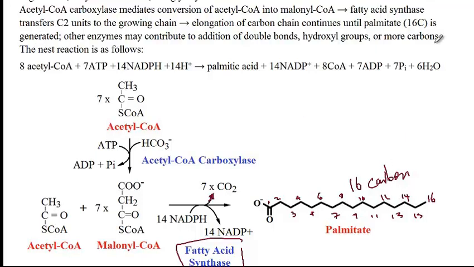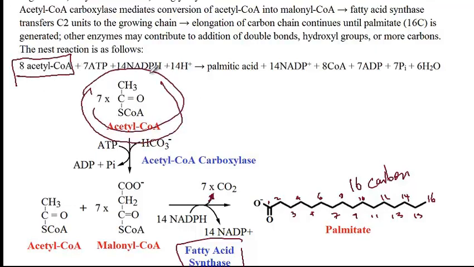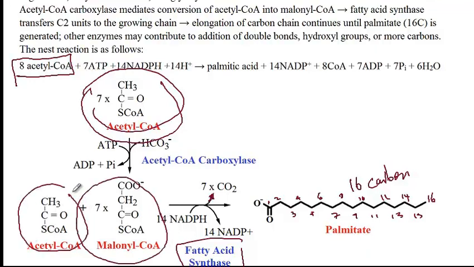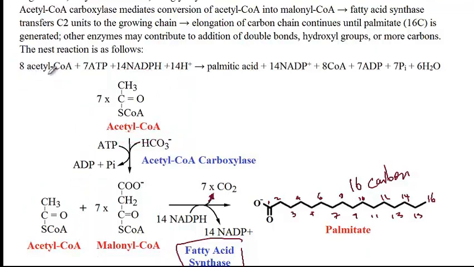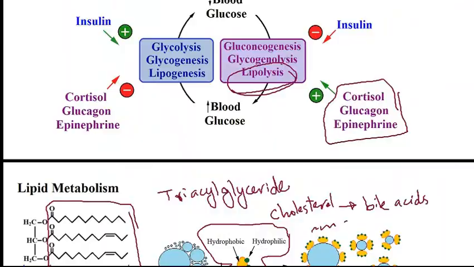Now throughout this whole process, we can summarize the net reaction as 8 acetyl coenzyme A. So here we had 7 acetyl coenzyme A converting to 7 malonyl, and then here is the 8th one. So the net reaction is 8 acetyl coenzyme A combining with 7 ATP and 14 NADPH, giving rise to palmitic acid, which is a 16-carbon chain.